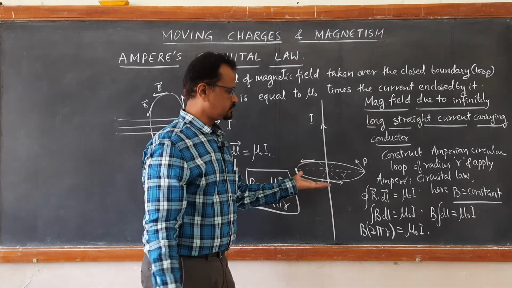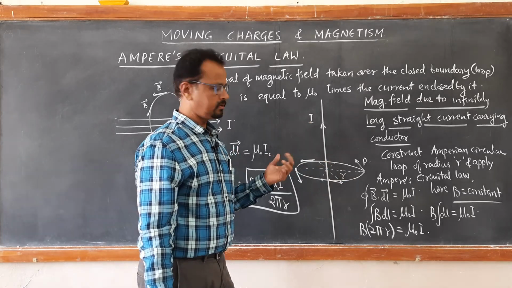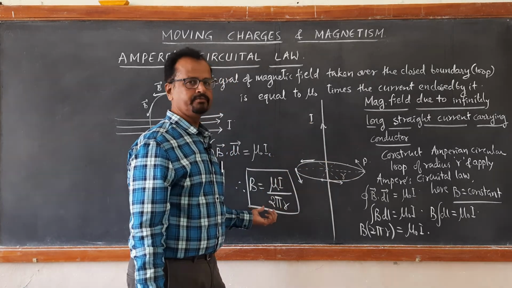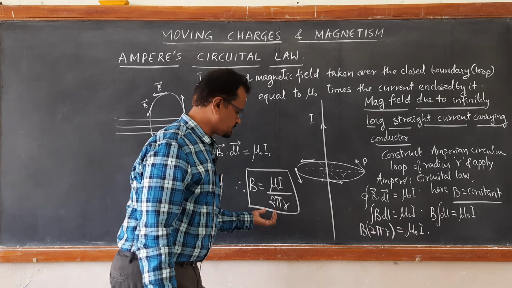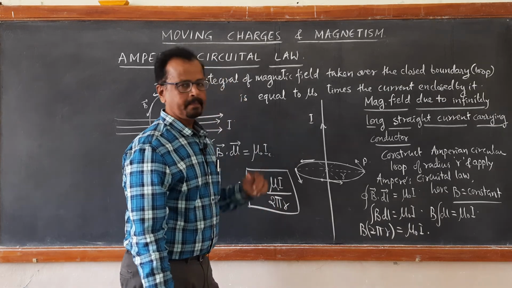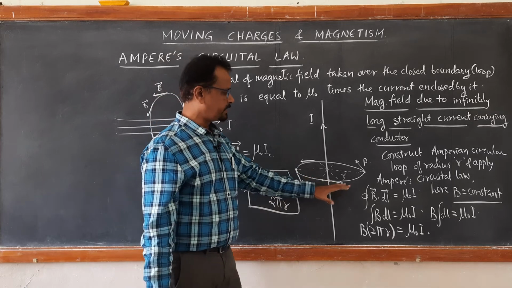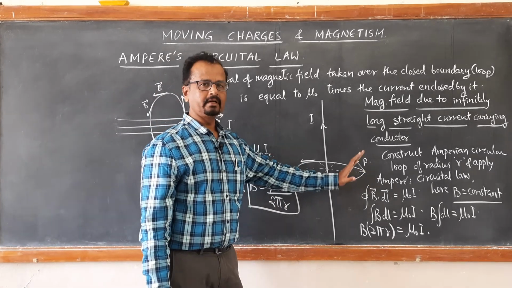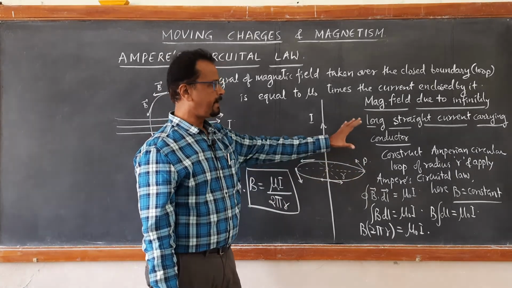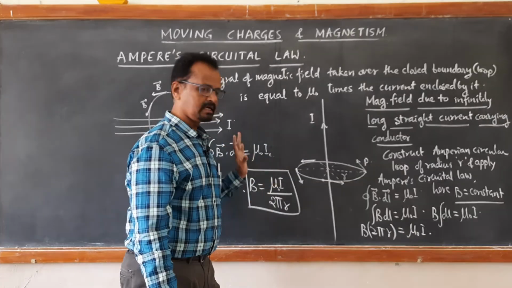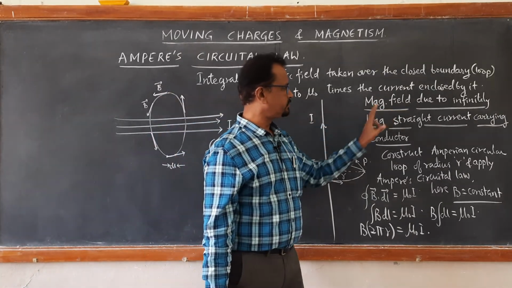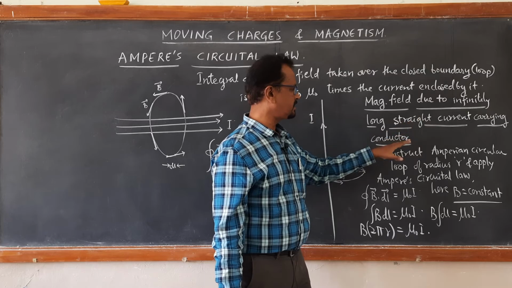In such a situation, one can apply Ampere's circuital law very easily to get the magnetic field. You will get the same result if you apply the Biot-Savart law also, but the complicated problem is made simple and convenient using Ampere's circuital law. This is one example of finding the magnetic field due to an infinitely long straight current carrying conductor.